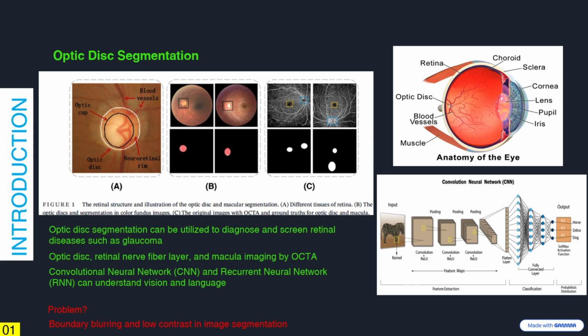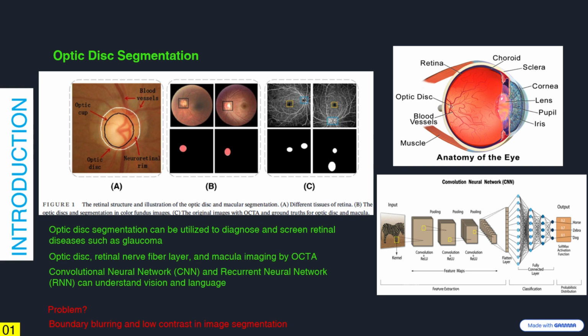So, optical segmentation is one of the most important parts of eye imaging for ophthalmologists, because to diagnose retinal disease, the ophthalmologist will usually look at imaging of the optical disc and the macula.